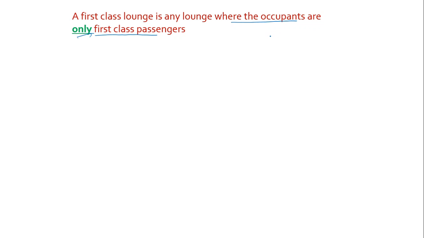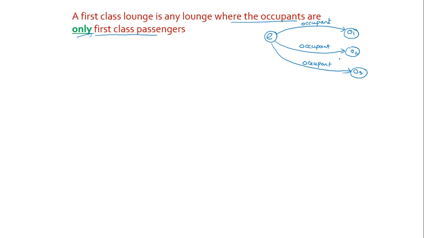Let's say you have one establishment E, and this establishment has occupant, say O1, and it might have another occupant O2, or maybe O3. Now let us say O1 is of type first class passenger, O2 is also of type first class passenger, and O3 is also of type first class passenger.